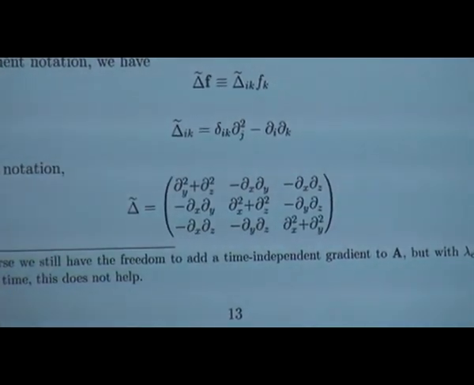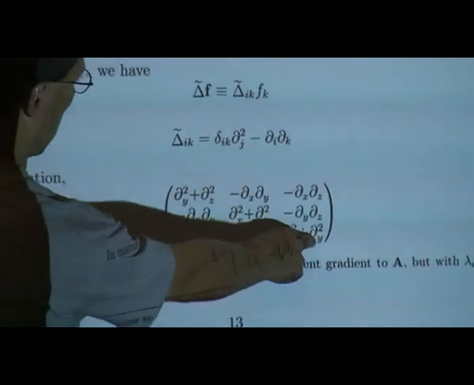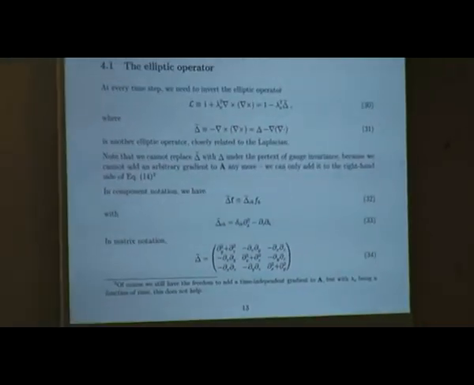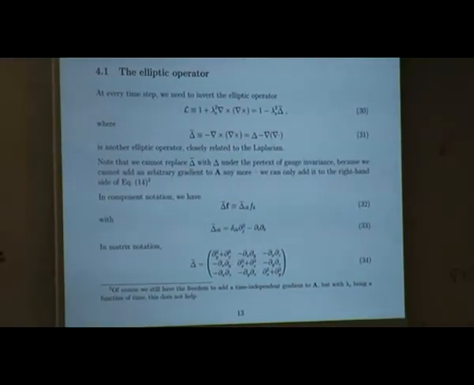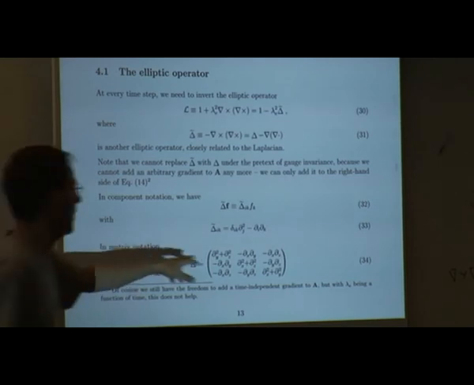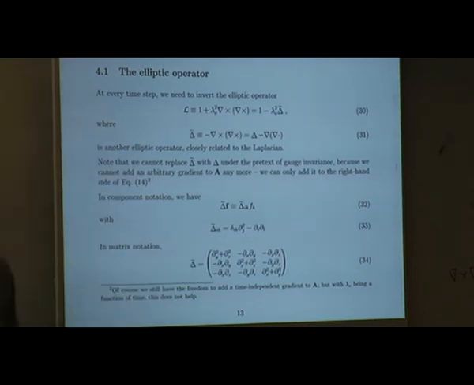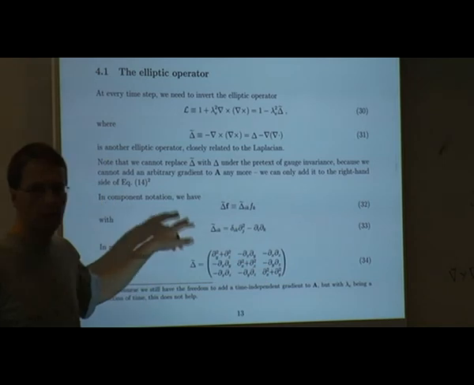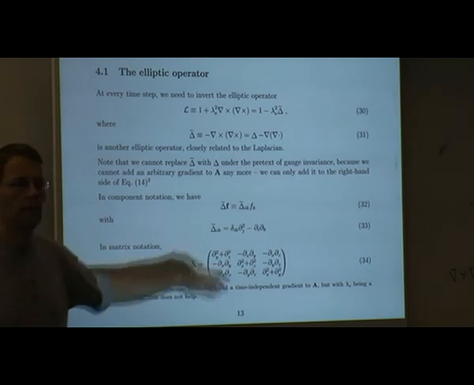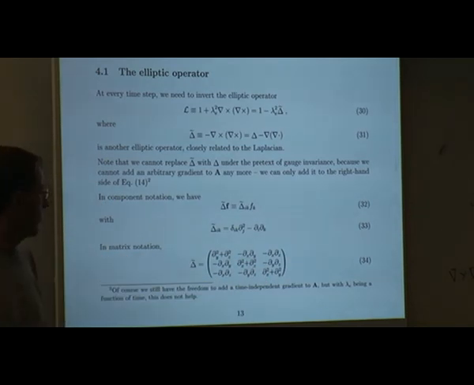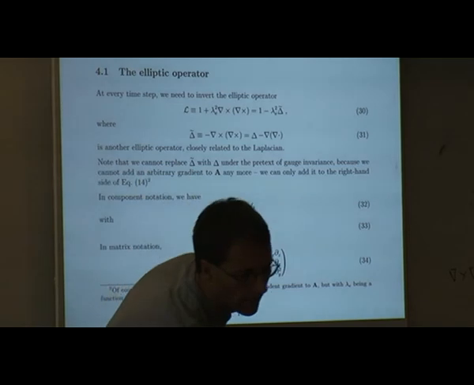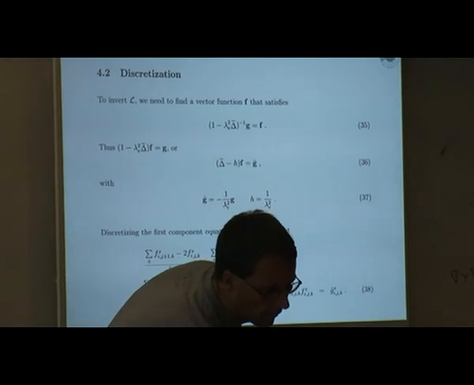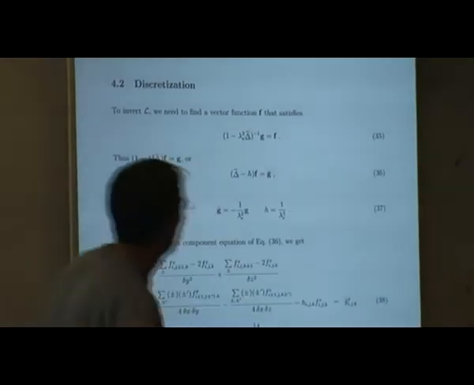The vector Laplace operator would just be Laplace here, Laplace there, Laplace there, and 0 everywhere else. So it's a similar structure, but in a sense, at least on the diagonal, it's actually even simpler than the vector Laplace. It's just that, unfortunately, the three directions don't decouple, so we have to deal with this as a vector operator.